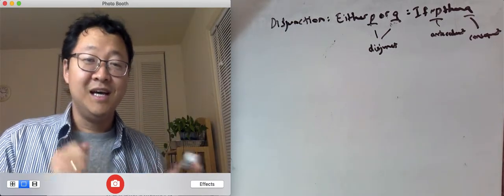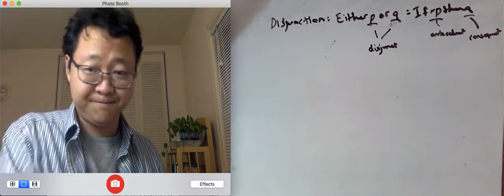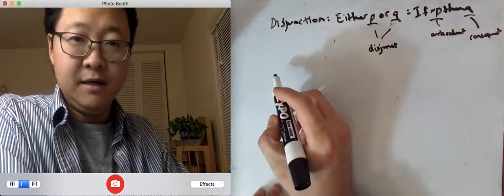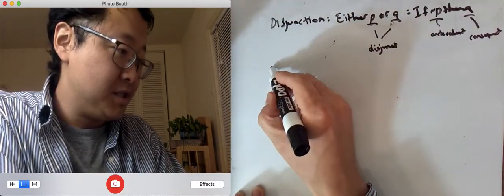Now next, I'm going to teach two ways of interpreting a disjunction. The first is what's called an exclusive disjunction.